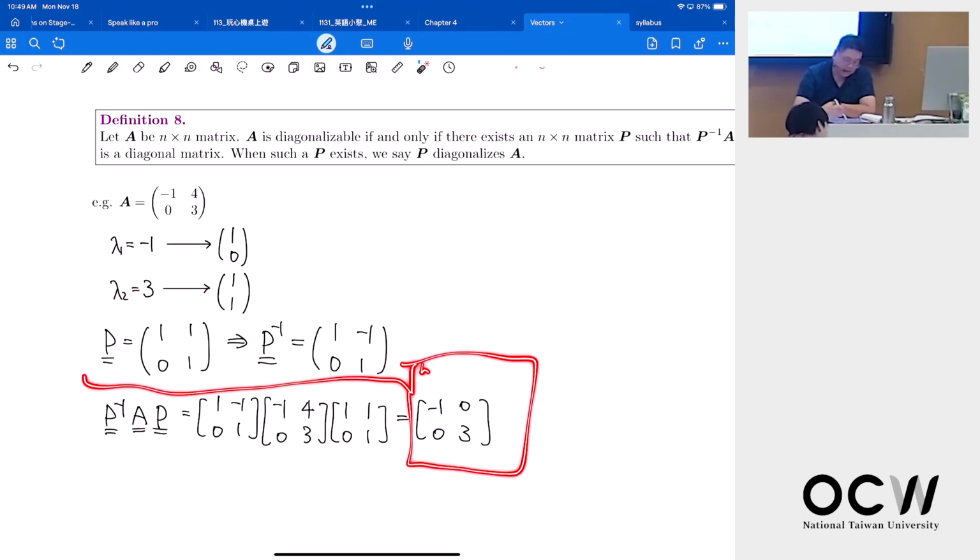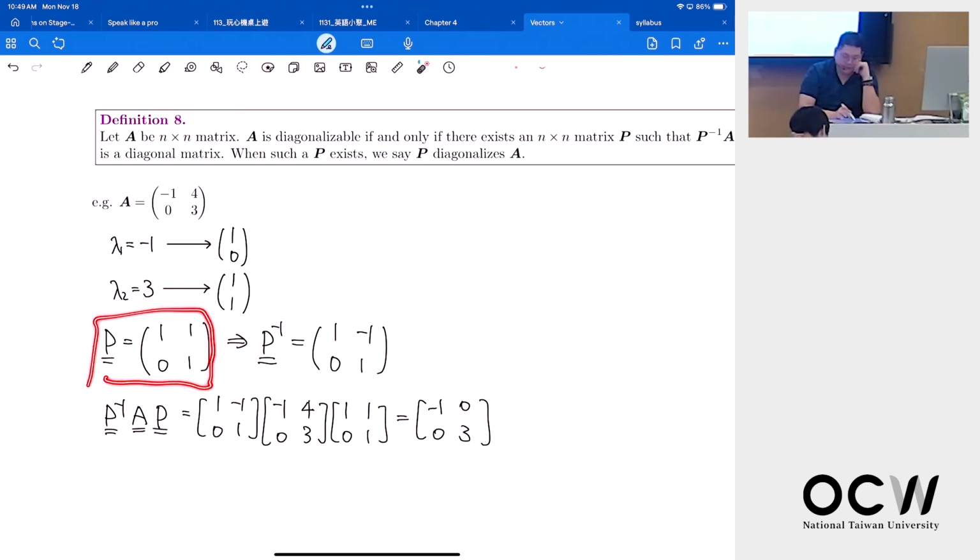What did you observe for these two matrices? Any guess? First, how about this matrix P? Matrix P is 1, 0, 0, 1, 0, 1, 1. Did you observe anything here? No?